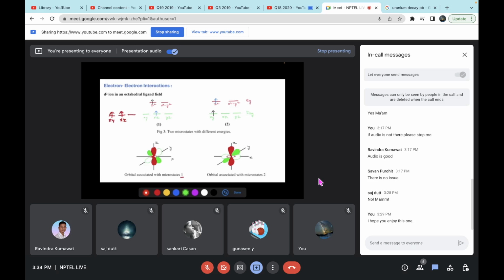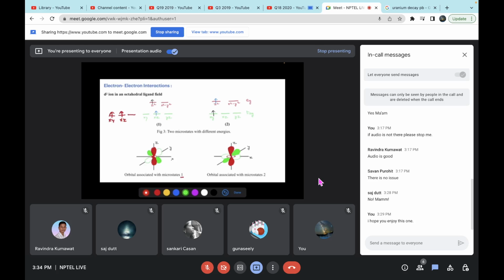So you can see that these two microstates 1 and 2 have very different electron density, and therefore these two different microstates have different energy, because the electrons in dz square and either xz or xy interact very differently here.